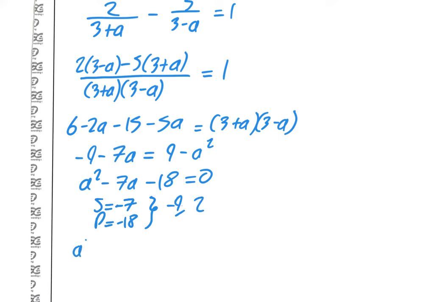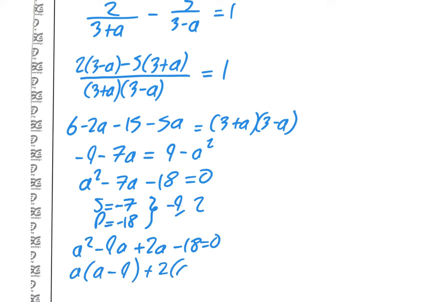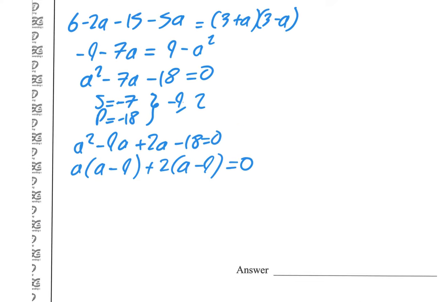So it factorizes to be a squared minus 9a plus 2a minus 18 equals 0, which means a upon a minus 9 plus 2 upon a minus 9 equals 0. Almost there, which means a minus 9 upon a plus 2 is equal to 0.